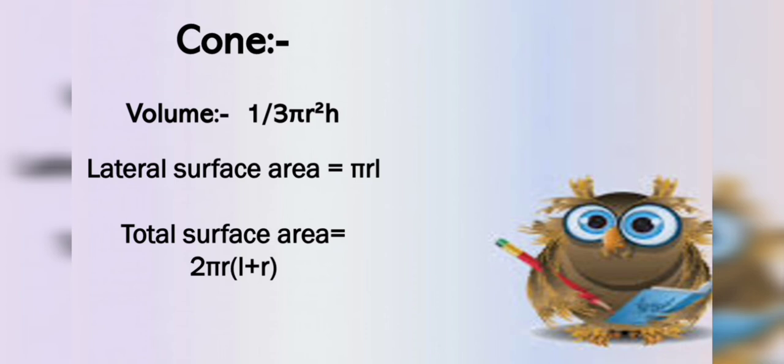The volume of the cone is 1 by 3 into pi r square h, and the lateral surface area is pi into r into l, the lateral side, and total surface area is pi into r into (l plus r).